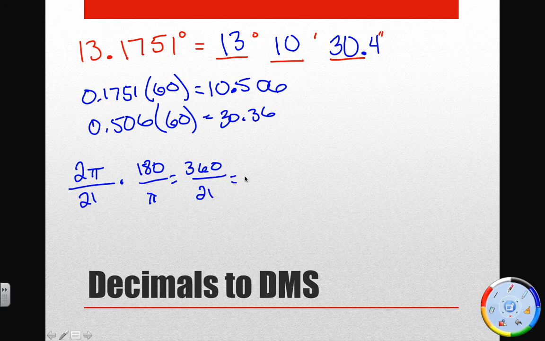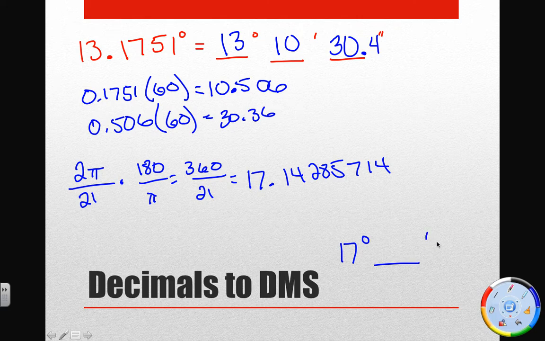Well, I need a decimal. And this decimal is 17.142857. That's what my calculator says. So I know my final answer is going to be 17 degrees, some minutes, and some odd seconds.